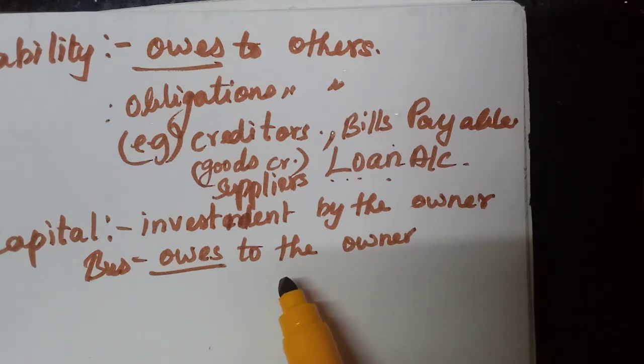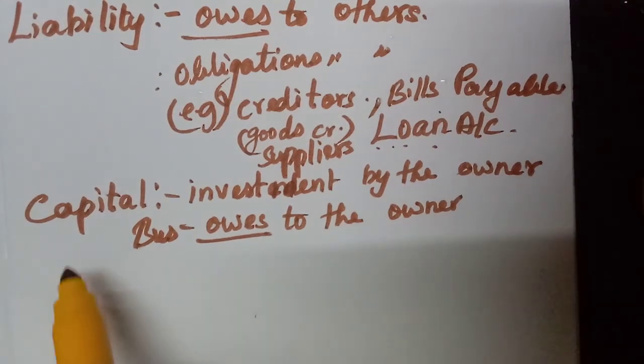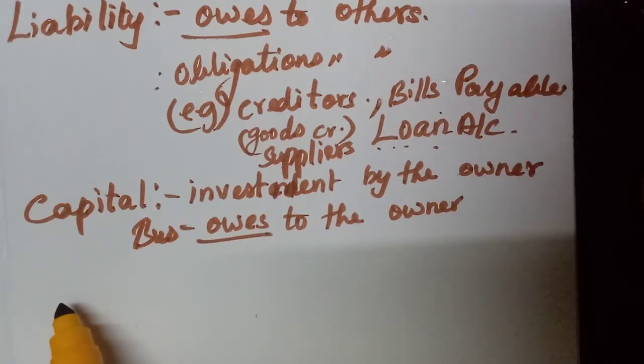The business is considered separate from the owner. The amount invested by the owner is an obligation for the business. It has to return it back to the owner. So that is called capital, and that is also a liability.